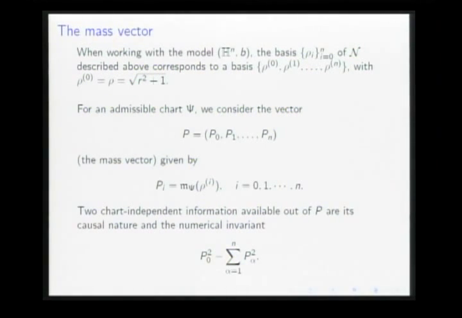Instead of the functional, you can consider a vector. You just take p_i to be the functional applied to rho_i. So we get two pieces of information out of this vector that are independent of the charts. One is the causal nature. The other one is this number here.